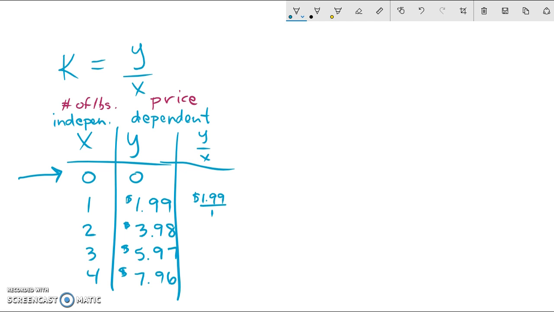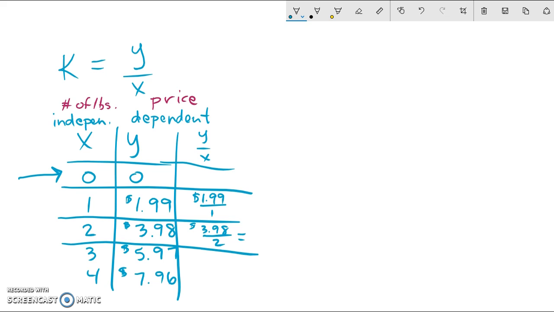And I see that my y to x ratio is $1.99 to 1 pound. In my next row of my table, I know that it was $3.98 to 2 pounds, which if I reduce to lowest terms and I punch in on my calculator 3.98 divided by 2, that reduces down to $1.99. So now I see that same ratio.